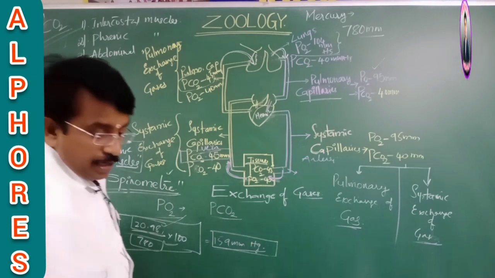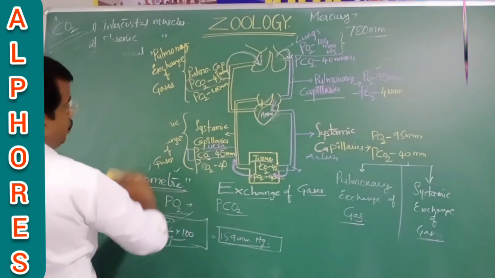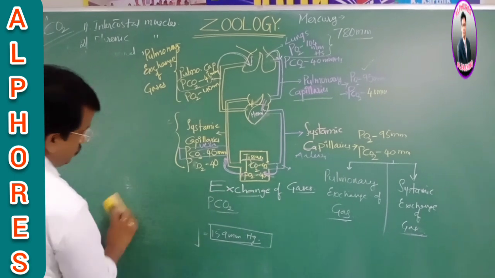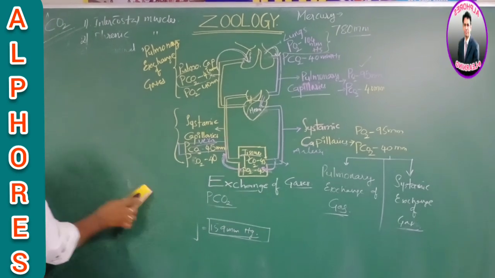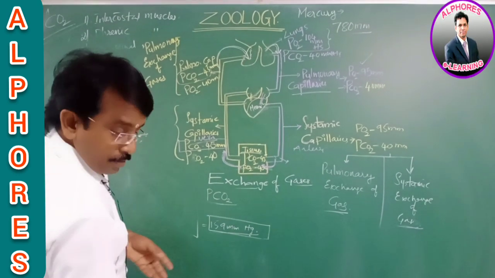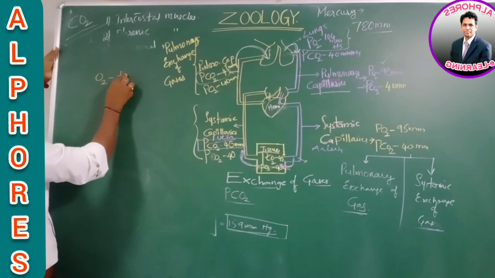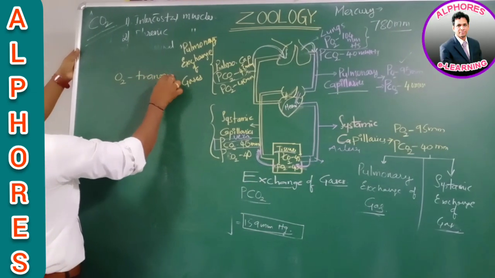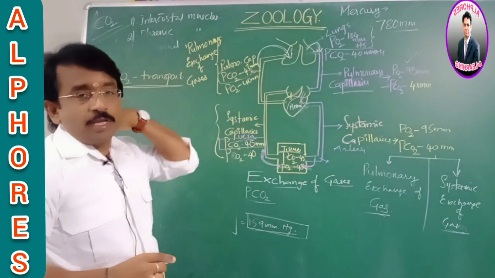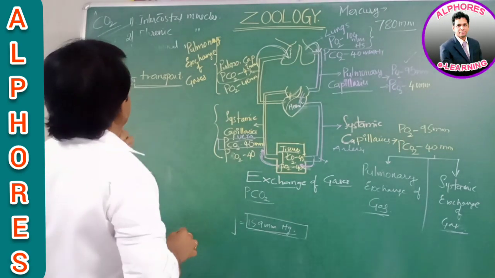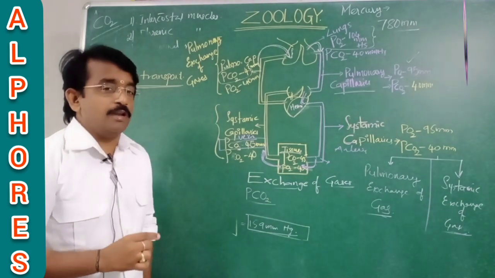Oxygen is transported in two forms. Generally, the gases are transported in compound forms, not in their original form.